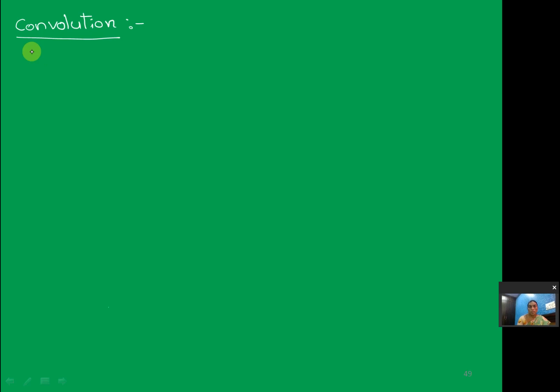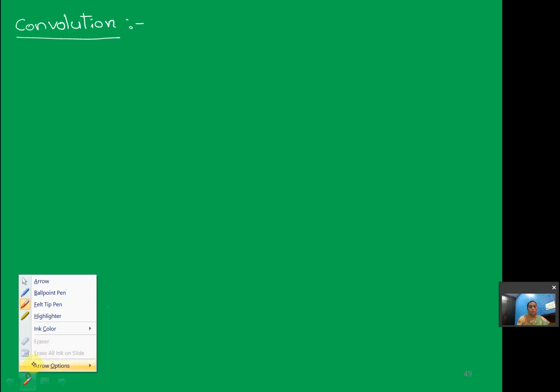Convolution means, if you take one system like an LTI discrete time system, LTI meaning linear time invariant system, which has the impulse response h of n and the input is x of n. This system produces the output y of n.